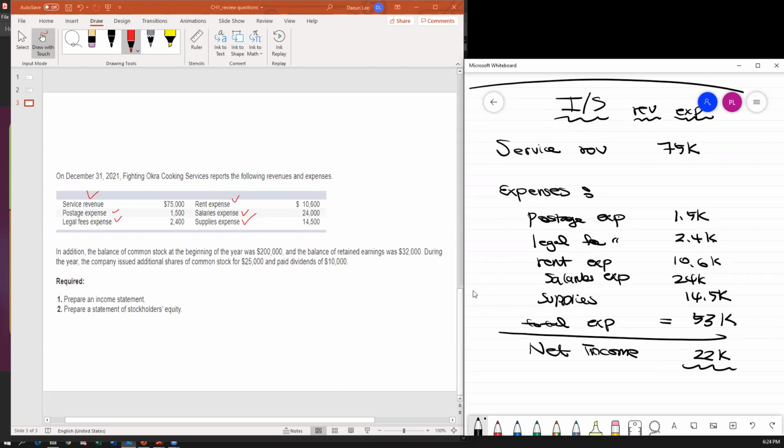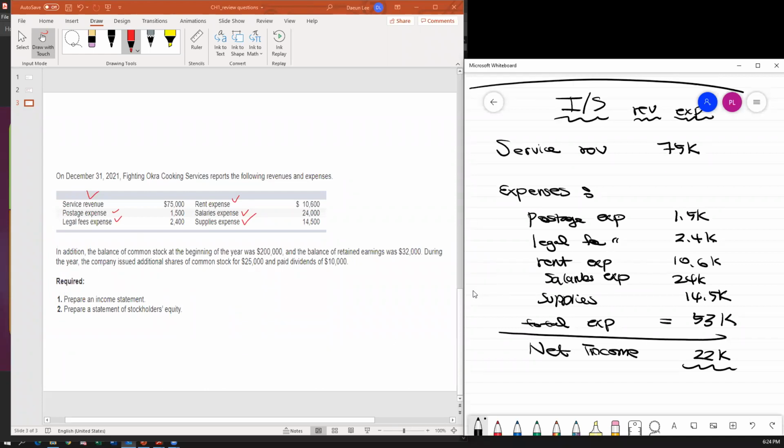Okay, so this is an income statement. You start with revenue and report all sorts of expenses, and you total or sum all the expenses. And in the last line, at the end of the day, you report either a net income or a net loss by the respective amount.